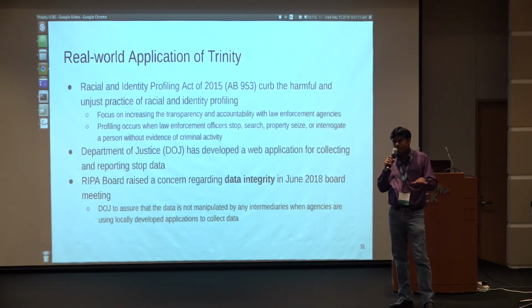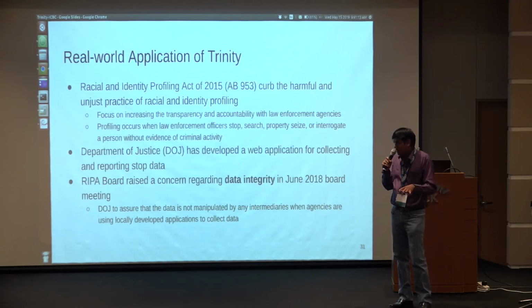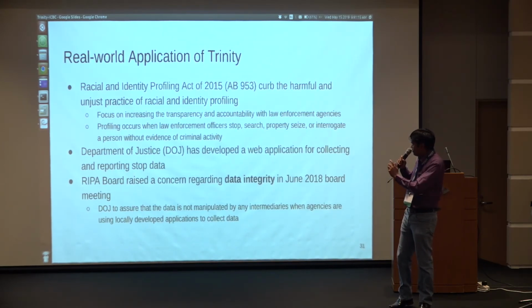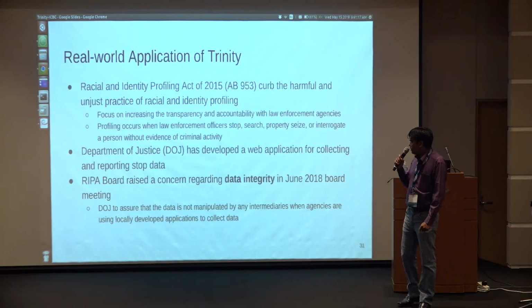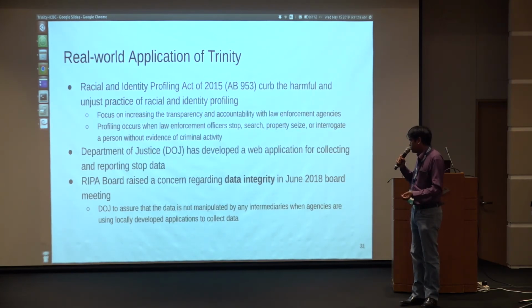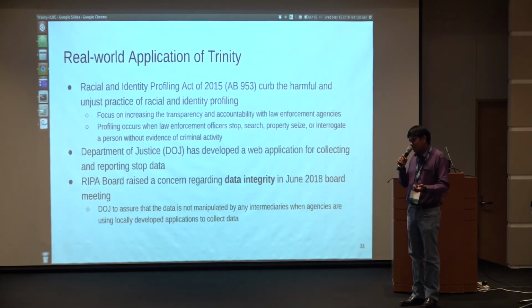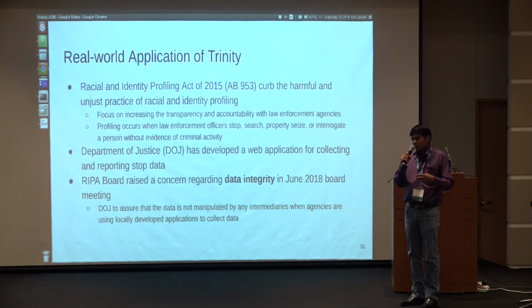They wanted to have a fair racial profiling process. Therefore, this Racial and Identity Profiling Act is trying to address this problem. In one of the meetings last year, the board that keeps track of this process raised a concern about data integrity, saying that the police departments are not reliably presenting the information to the Department of Justice.